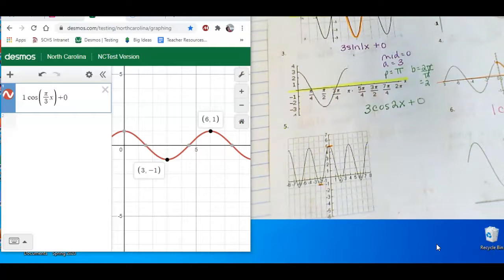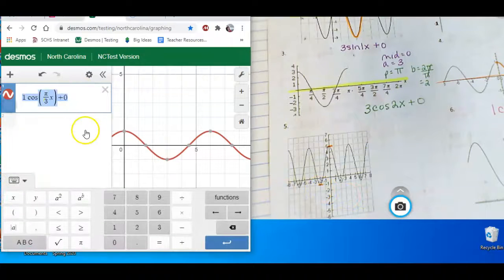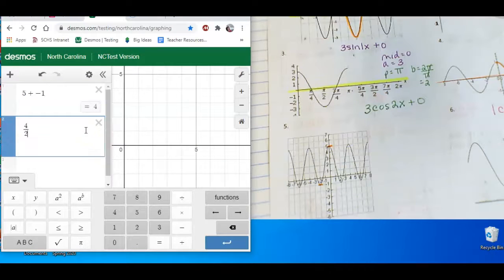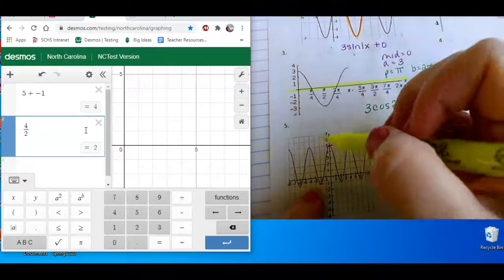So I'm trying to figure out what value is in between 5 and -1. You can kind of count it if you want to, or you could just say 5 plus -1 and then divide it by 2. You could add the top and the bottom together and divide by 2. That tells you where the middle is.